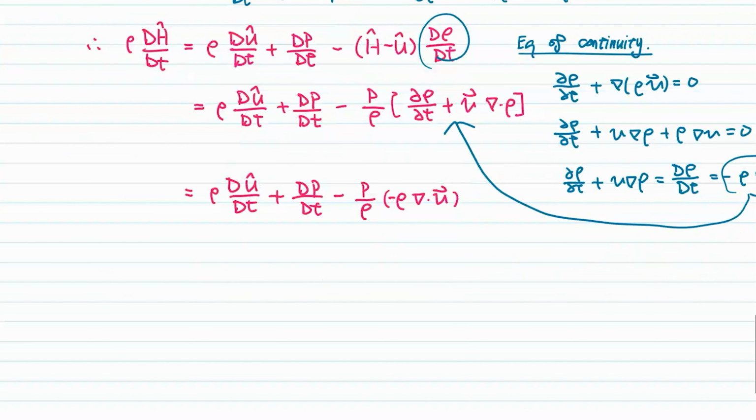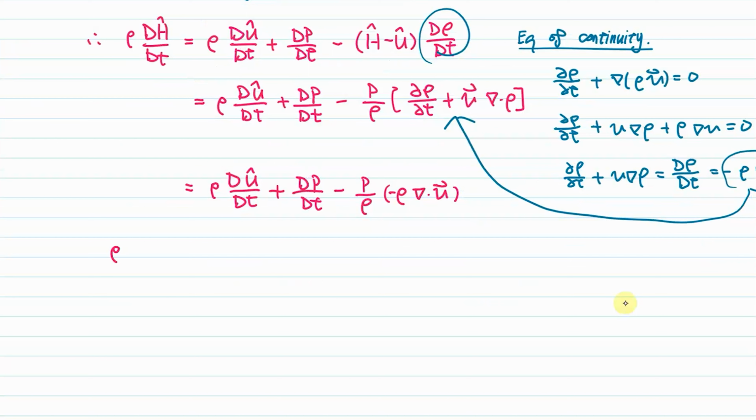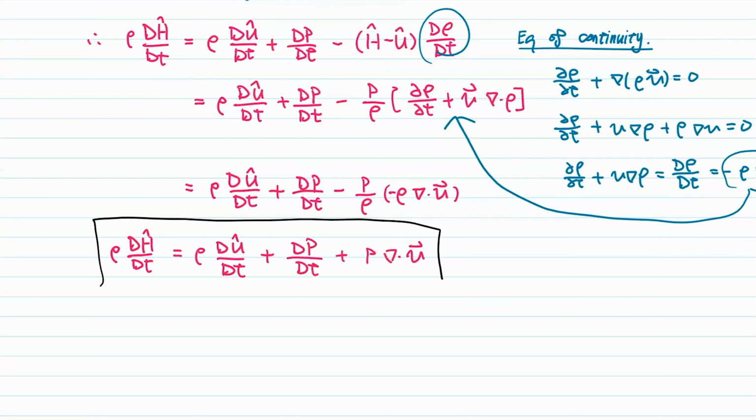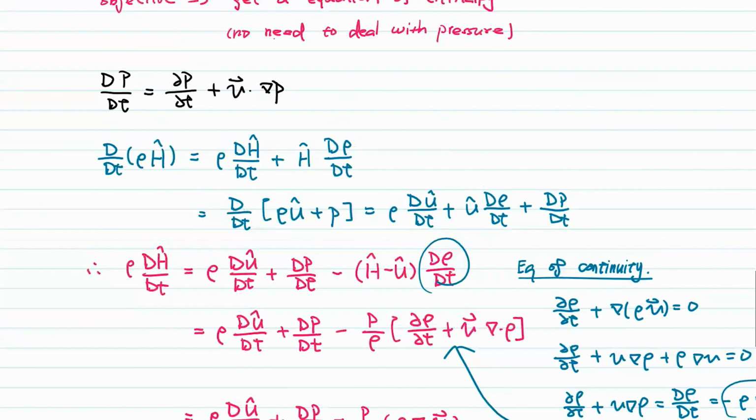We now have our final form: rho times the substantial derivative of enthalpy equals rho times the substantial derivative of internal energy plus DP/Dt plus P times the gradient of v. Okay, and we are going to substitute this back into our internal energy equation.